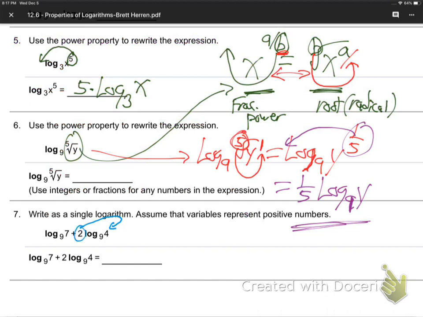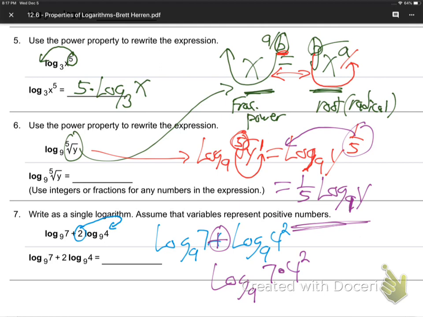So I'm going to take this and put it up here. So what am I going to get? Log base 9 of 7 plus log base 9 of 4 squared. And then, once I've done that, I can combine them into 1 log, right? Because of the fact that adding for 2 logs, log base 9, the 9 is just glued to the g, becomes multiplication for 1 log.